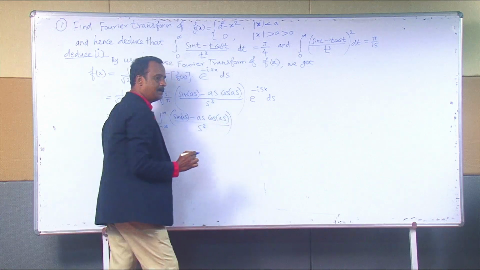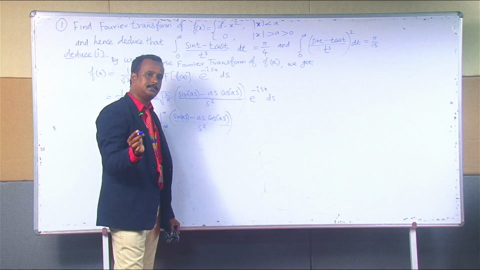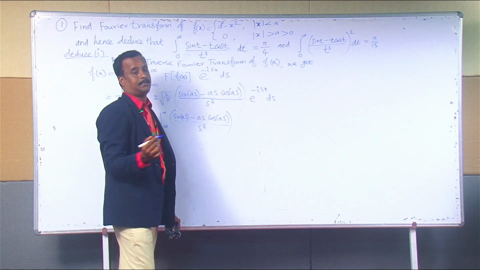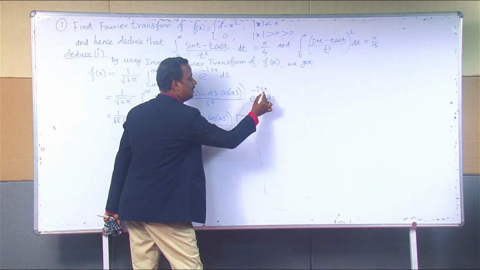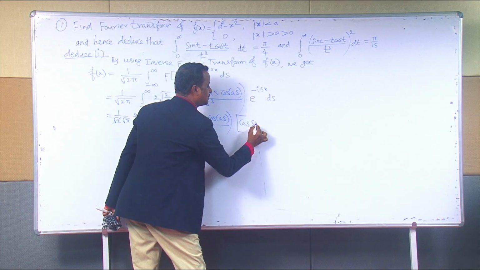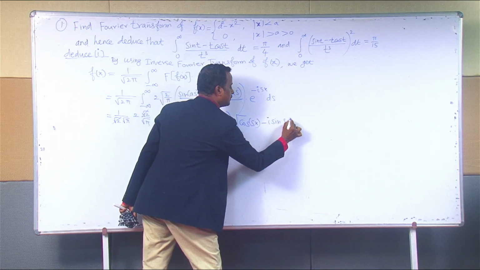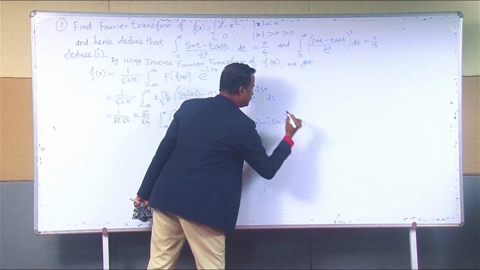This can be written using the e power I theta formula: e power plus I theta becomes cos theta plus I sin theta, and e power minus I theta becomes cos theta minus I sin theta. So you can write it as cos, instead of theta we have sx, that is cos sx minus I sin sx. This is the formula for e power minus I theta, into ds.